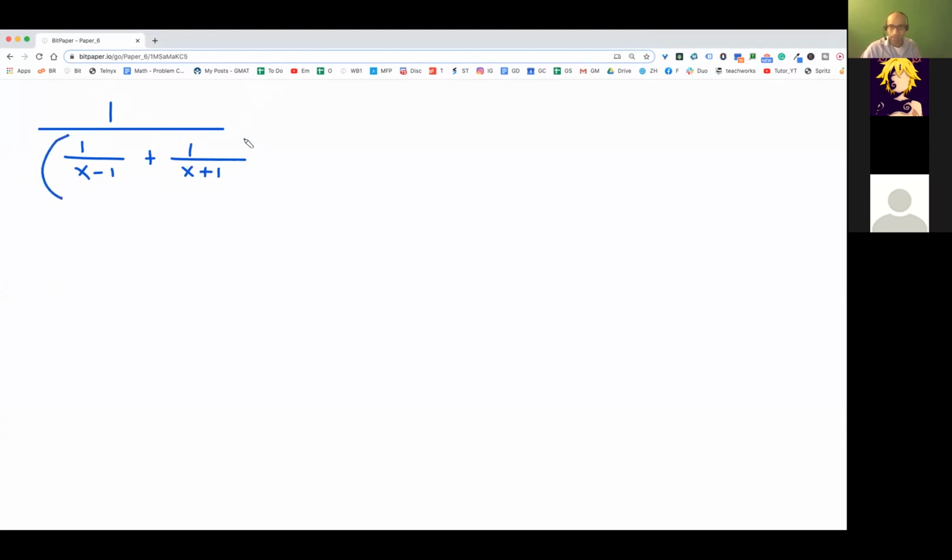Look at the denominator first. Just look at this denominator and try to find out what the value is. Once you find it, it becomes easy because you just have to take 1 over that. So work on this and see what you get. Let's spend maybe 30 seconds on this type of problem. How do you simplify this?